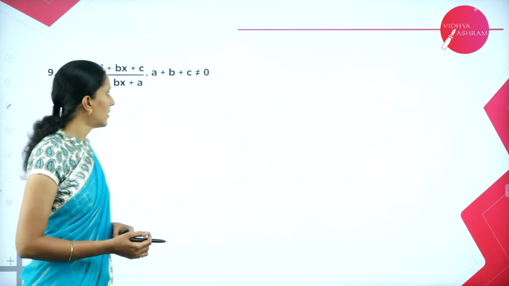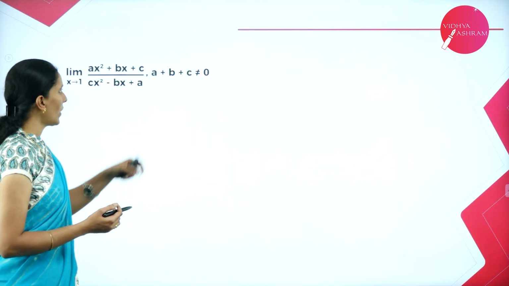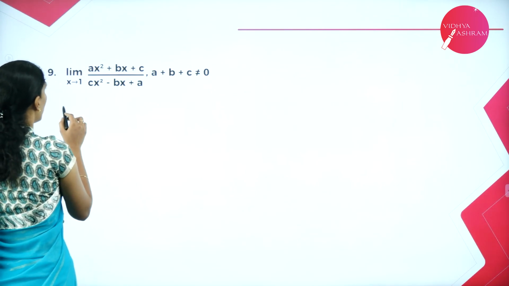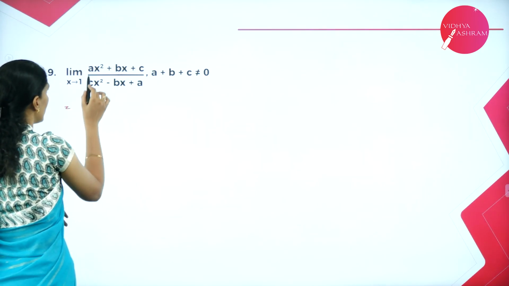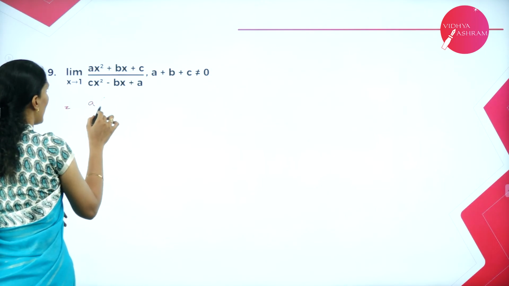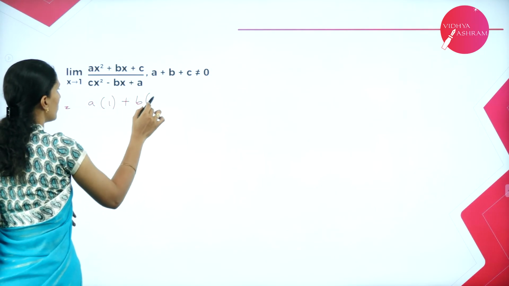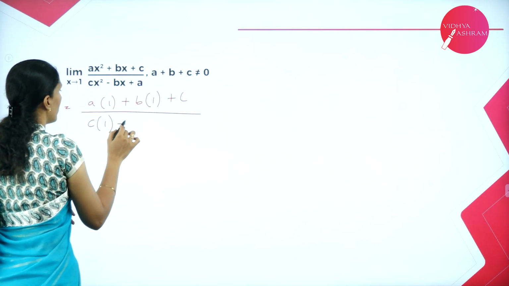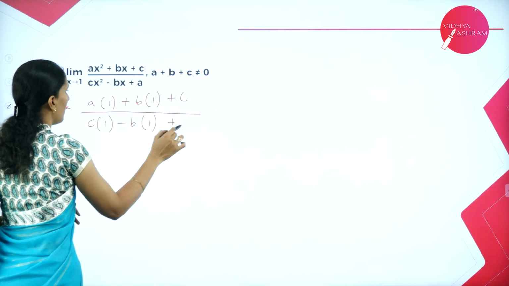Next is, apply the limit as x tends to 1, given a plus b plus c is not equal to 0. If you apply the limit, then it is a into 1 plus b into 1 plus c, divided by c into 1 minus b into 1 plus a.